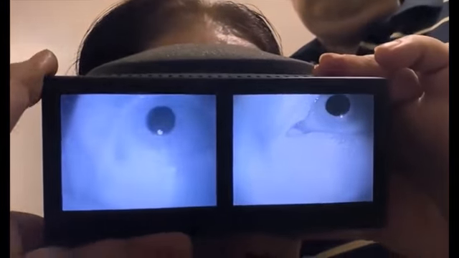So now at 1 minute and 45 seconds, the inversion test, that is right lateral recumbent with nose down, is being carried out. The nystagmus changes direction.